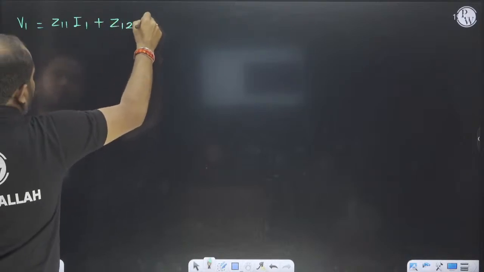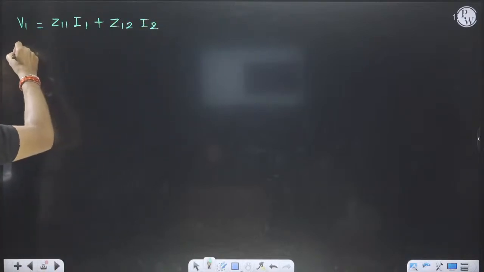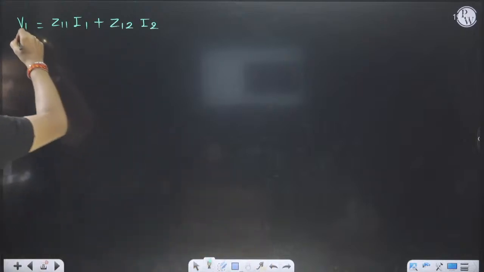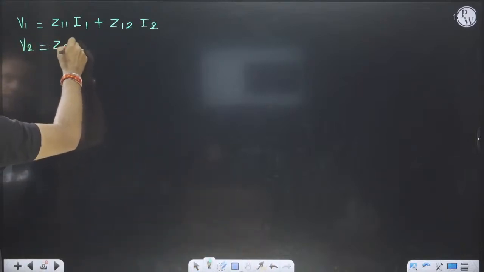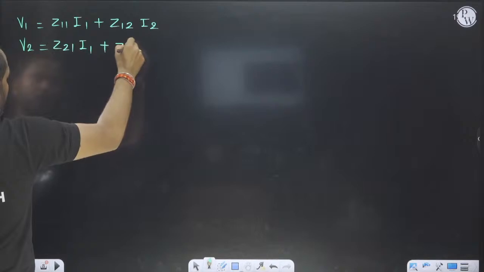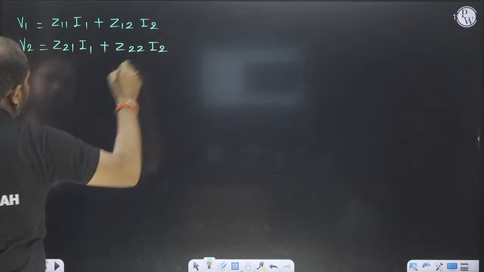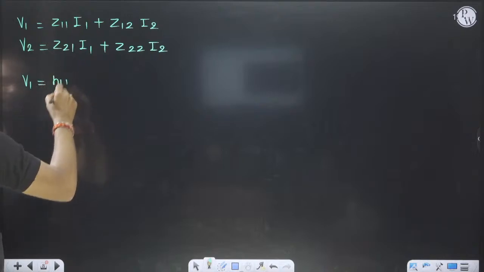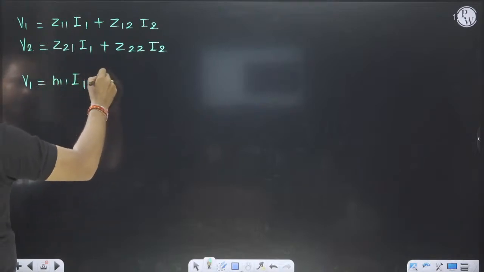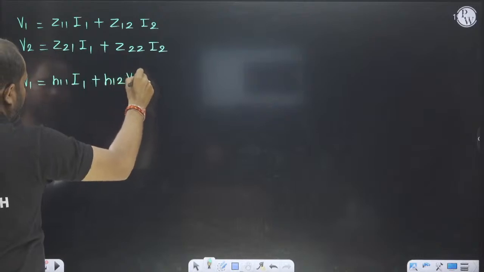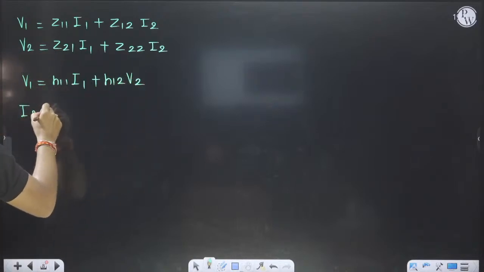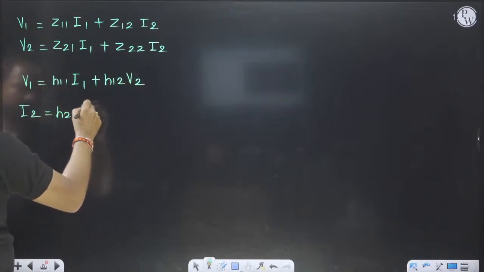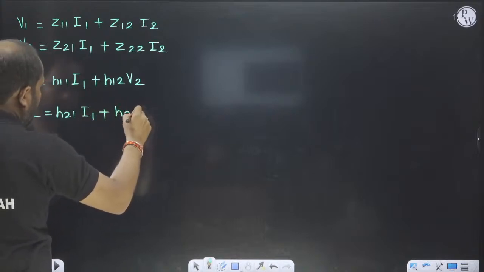So V1 is equal to Z11 I1 plus Z12 I2, and V2 is equal to Z21 I1 plus Z22 I2. This is our H parameter: V1 is H11 I1 plus H12 V2, and I2 is equal to H21 I1 plus H22 V2.